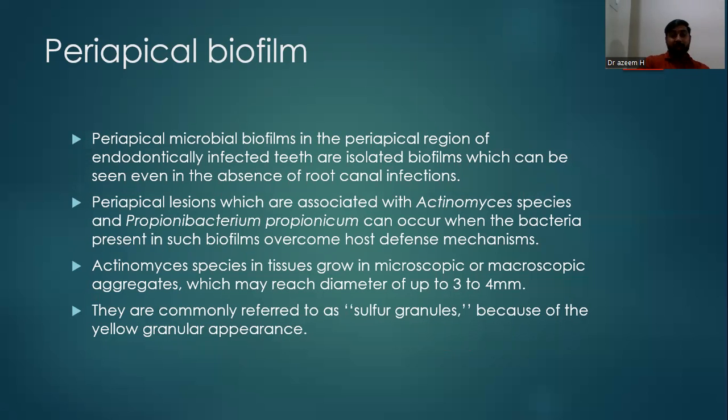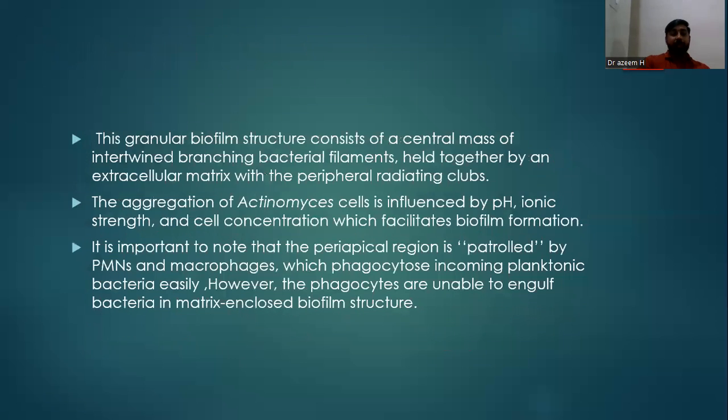They are commonly referred to as sulfur granules because of their yellow granular appearance. This granular biofilm structure consists of a central mass of intertwined branching bacterial filaments held together by an extracellular matrix, with peripheral radiating clubs. The aggregation of Actinomyces cells is influenced by pH, ionic strength, and cell concentration, which facilitate biofilm formation.